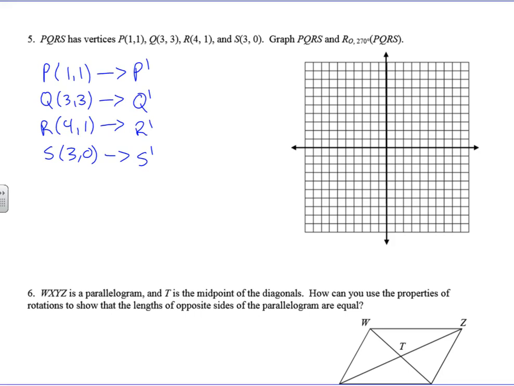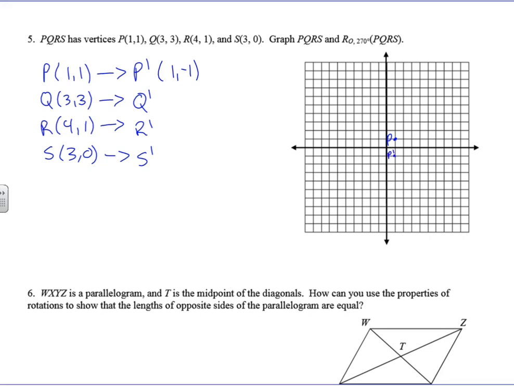And so if you want to do it one at a time, this time we're going to turn the paper 3 times to the left. So pick your paper, turn it left once, turn it left twice, turn it left again, and you come out with that one being at the point (1, -1). So here's our P prime.